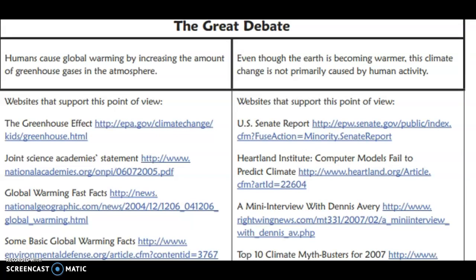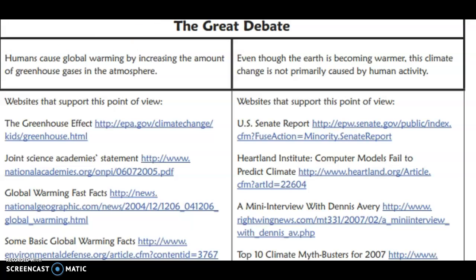So just as a reminder, we are looking at the credibility. This is a different mode or a different modality that we as readers have for us to be able to gain information or read information, okay? So we're going to be looking at websites today.